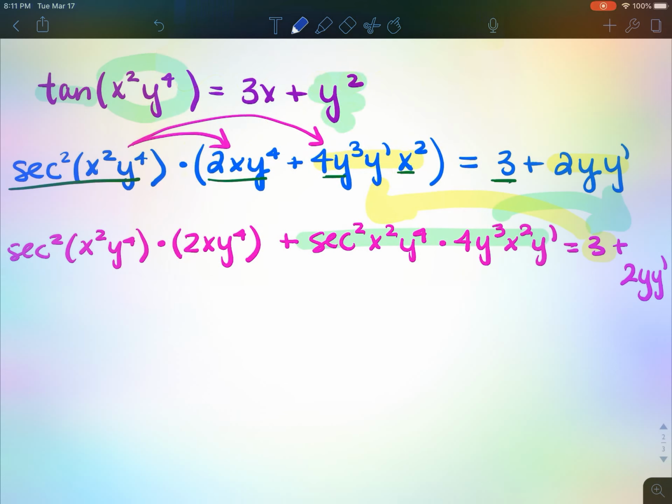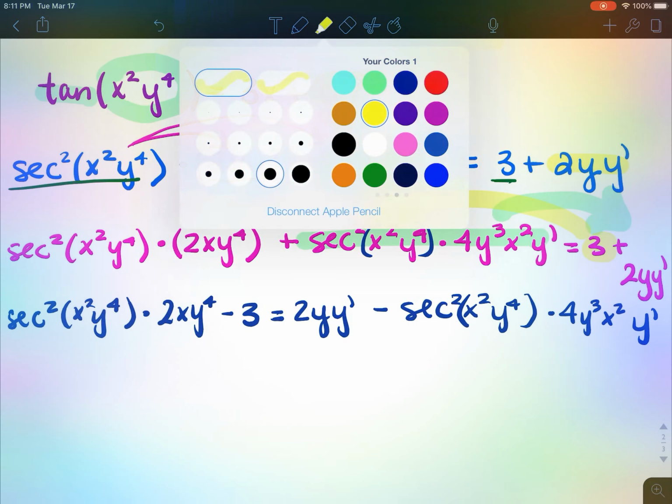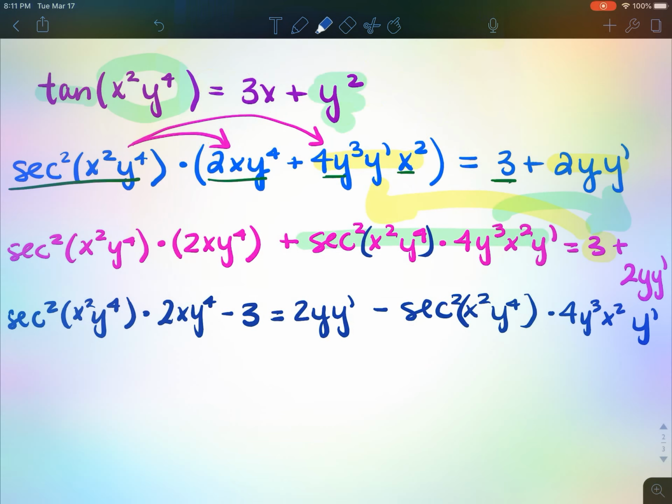So in the third line we have secant squared x squared y to the fourth times 2x y to the fourth minus 3 equals 2y y prime minus secant squared x squared y to the fourth, that's a lot, I should put this in parentheses too, times 4y cubed x squared y prime. So now what we've done is we've isolated the y prime.